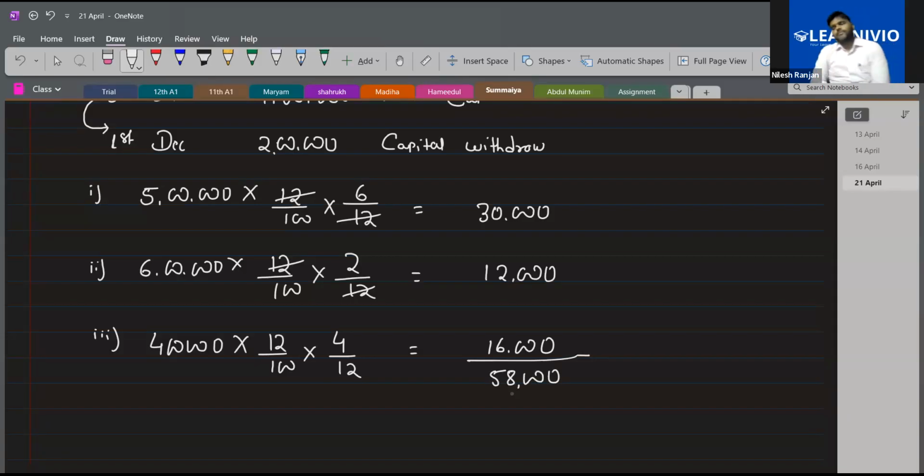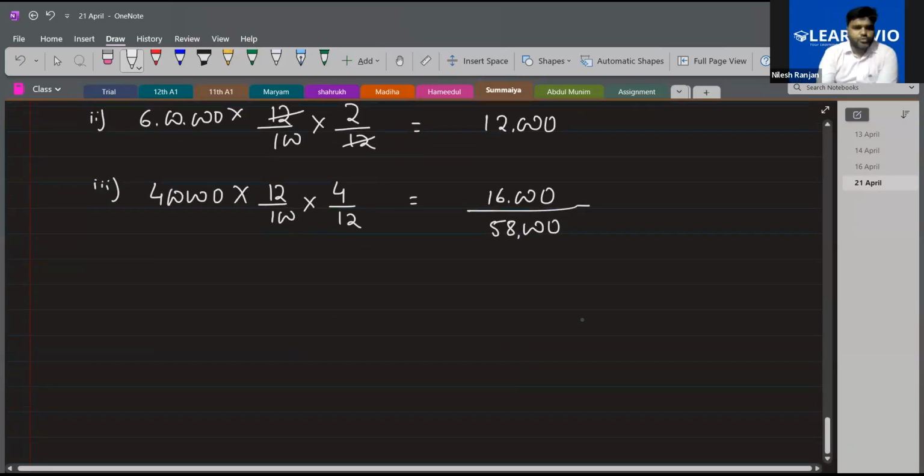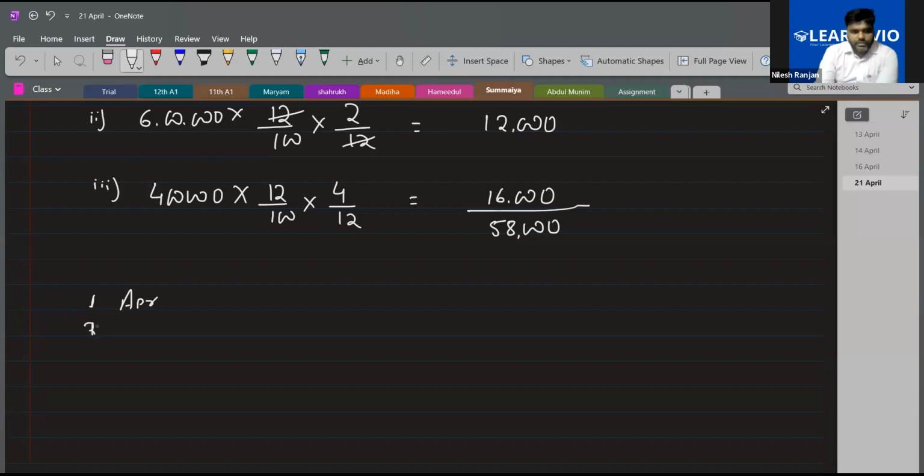Is there any doubt here? No. Okay, if we use the product method, then we will write the date, 1st April, then 30th September, and then 1st December. So the time period will be 6, 2, and 4. Amount is 5 lakh in the beginning, then it becomes 6 lakh, and then it is 4 lakh.